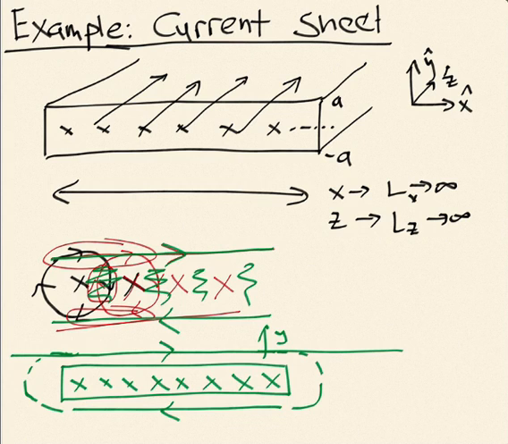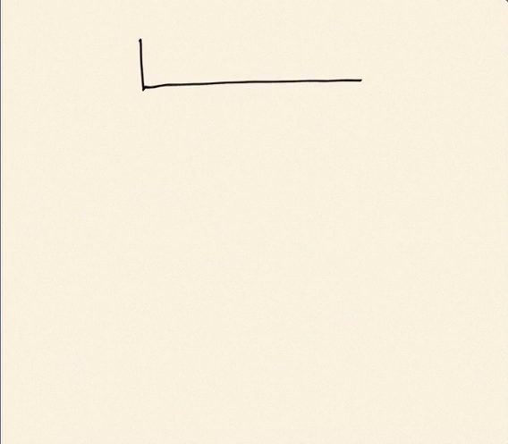Let's try to do an Ampere's law calculation now. There are a couple of ways to do this. We're going to specify the problem as a thick current sheet, so we're going to have some current density J inside the slab. Let me redraw my slab of current here, which again we're imagining is infinitely big in these directions, or at least very big.